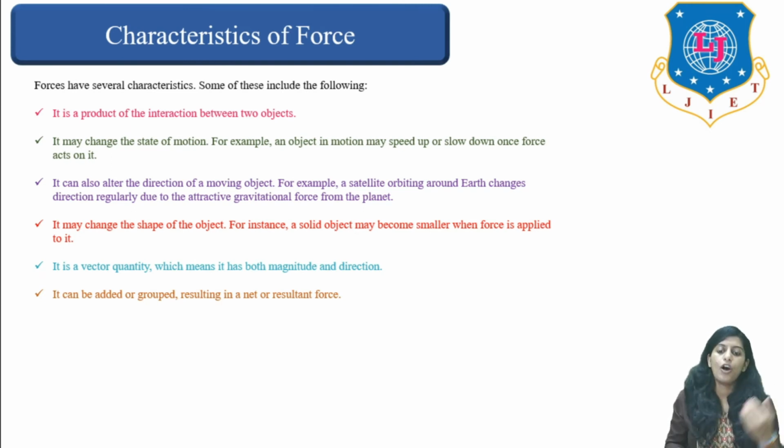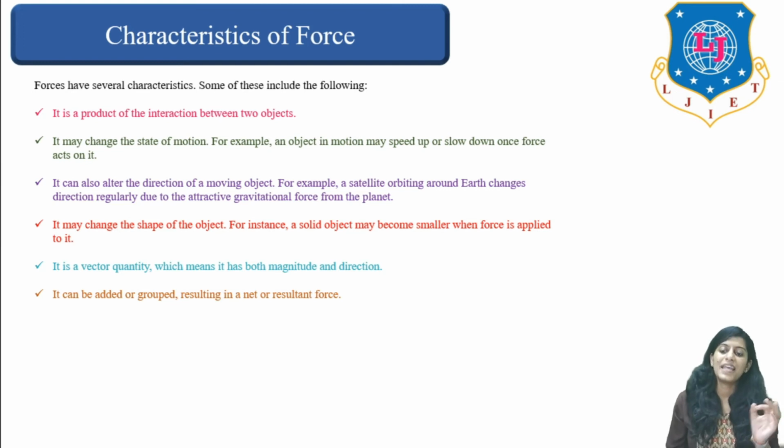For example, an object in motion may speed up or slow down once the force acts on it. Suppose there is some moving body, and if you apply force in the direction of motion, the speed of movement will be faster. And suppose there is a moving body and you are applying force opposite to the direction of motion, then the speed of that body will be reduced. So a force is responsible to change the state of motion.